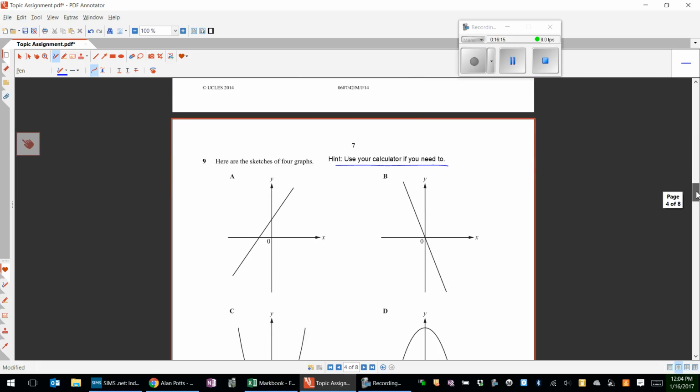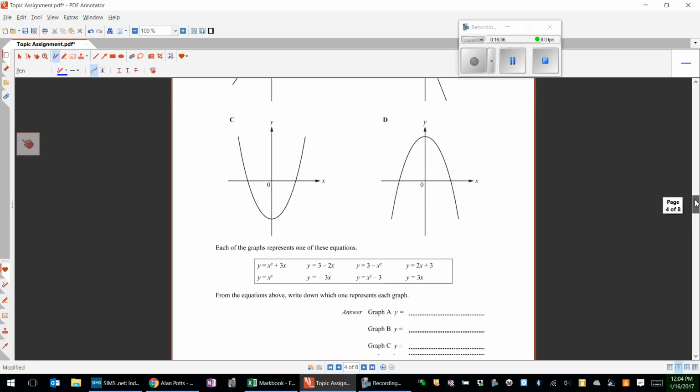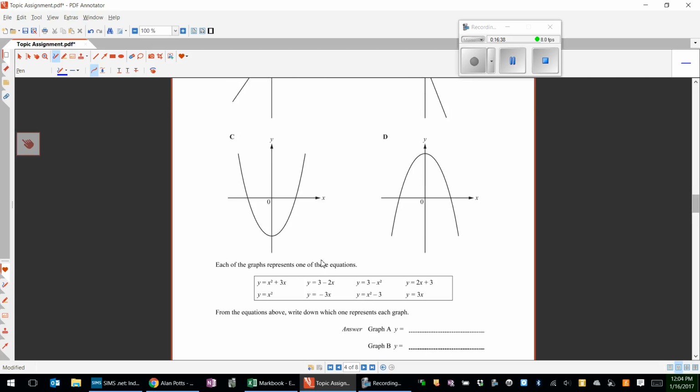Normally, however, this would be a non-calculator question. So what I've done is because I don't want to set at the moment a non-calculated bit and a calculated bit, I would encourage you to use your calculator if you need to. So what I thought you would do there is if you couldn't figure it out, you would just put these in as y = and see what shape came up.